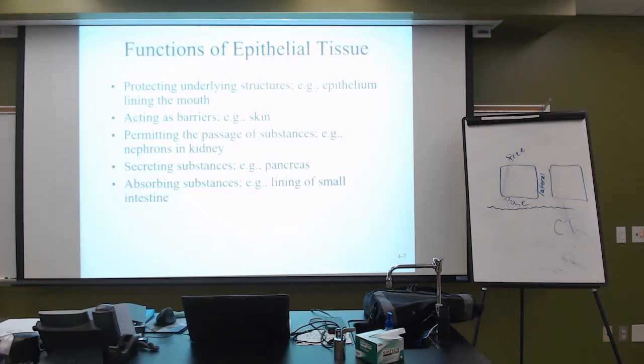Protect underlying structures. For example, the lining in the mouth, the lining of the respiratory system, the lining of the digestive system. Our skin, okay, which is our first line of defense, that pretty much is protecting us in so many ways.